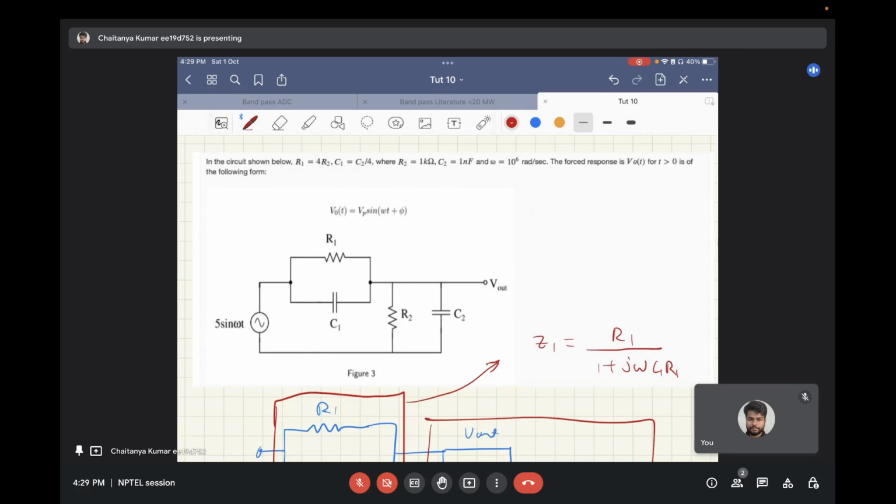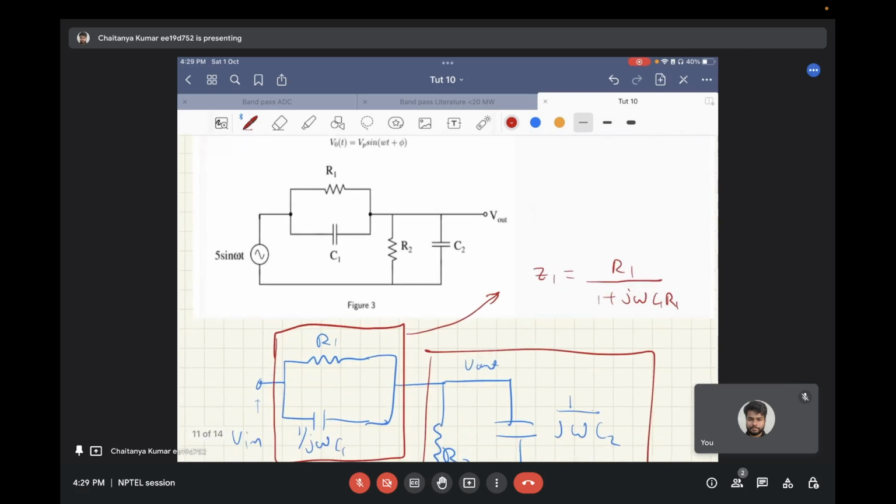Now in this case, again, you need to find out the forced response for the system.